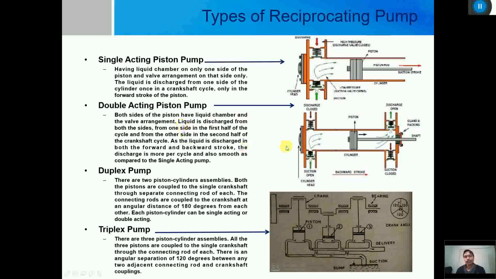Whereas in case of the double acting pump, you can see the arrangement is made like this, meaning suction and delivery valves are installed at both ends of the cylinder.